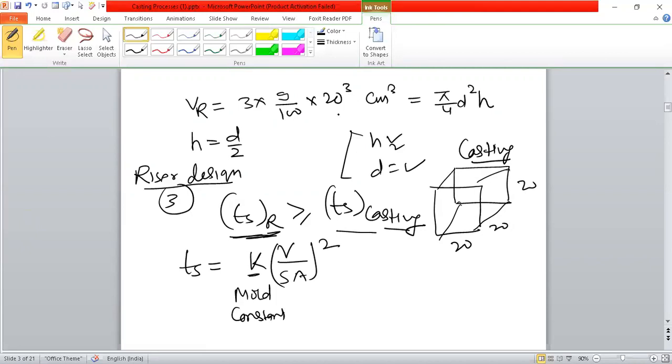Then volume you have to take: if it is riser, then you have to take riser volume and riser surface area. If it is casting, then you have to take casting volume and surface area of casting, right? So you know riser volume, you know riser height and diameter, so you can find out surface area.